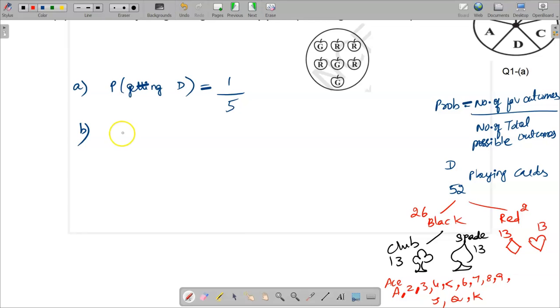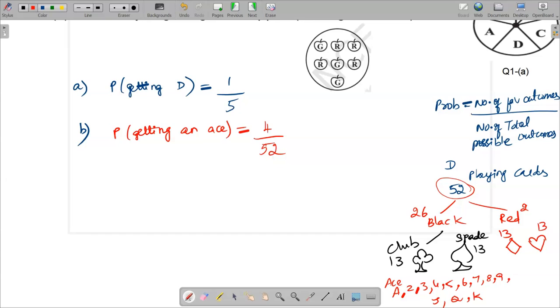So the probability of getting an ace out of 52 cards is nothing but, what are the favorable outcomes of getting an ace? 4 ace cards will be there out of 52 cards. So it is 4 divided by the total possible outcomes, which is 52 cards.